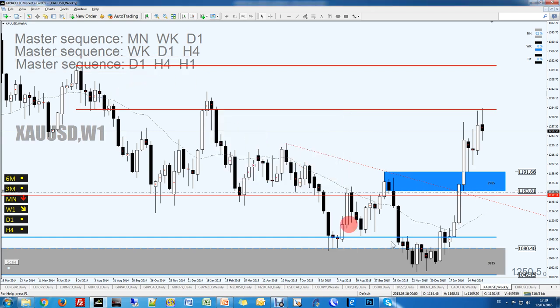So here, for intraday traders, once this is out, we've got a lot of room to here. So we can start using a lower time frame sequence in order to trade, if this is allowed in the trading plan, drilling it down to as low as the H1.